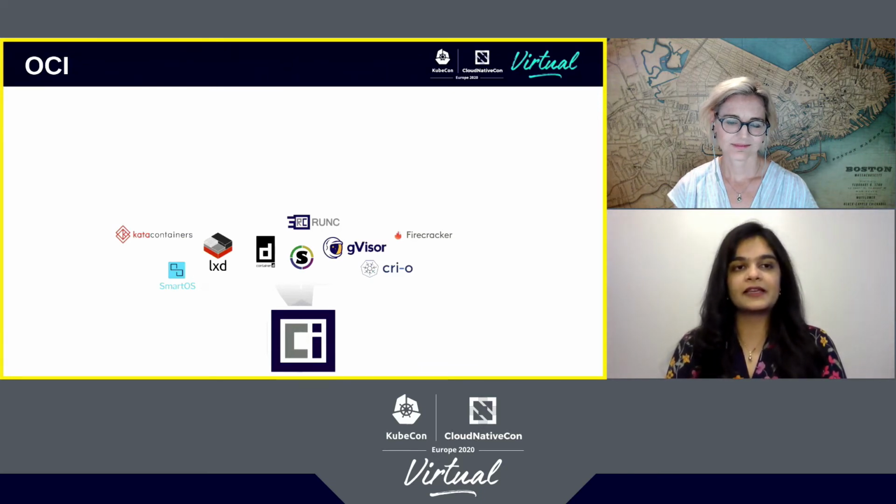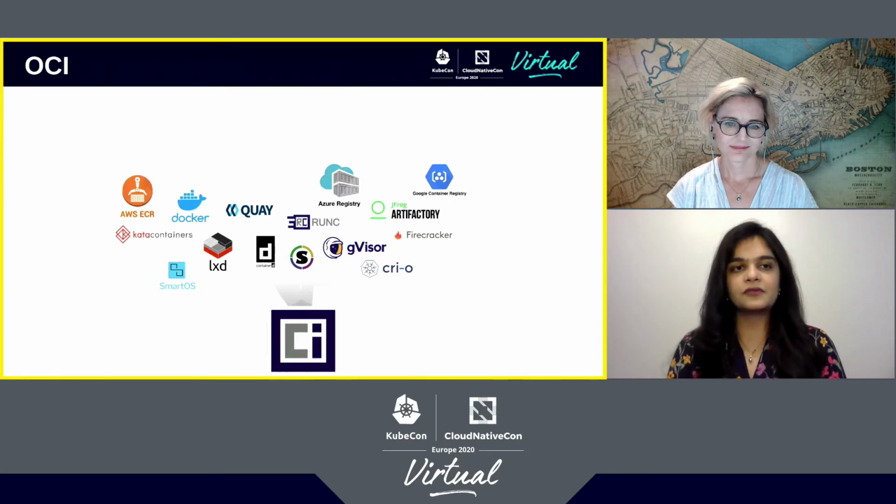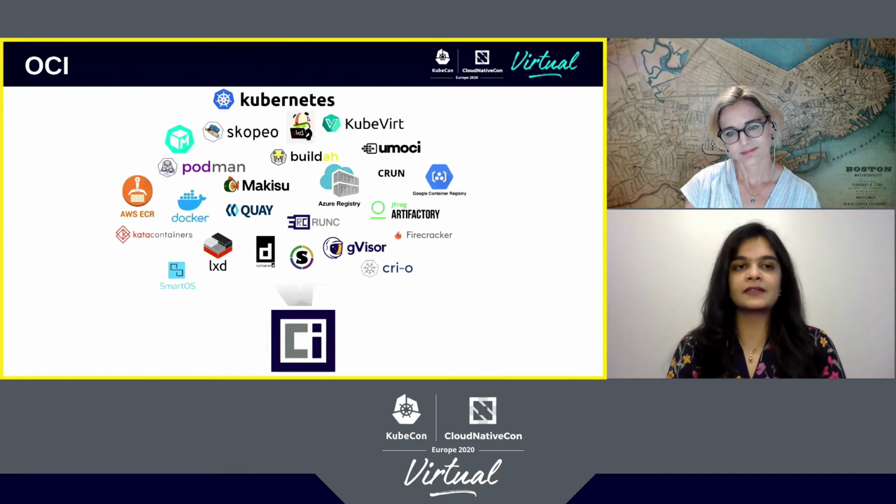OCI-compatible runtimes like Kata, gVisor, runc, and crun have evolved and are innovating on the speed and security of containerized workloads. Every image registry depends on the OCI specifications: Docker, Quay, Artifactory, Google, Amazon, and Azure. The OCI is continuously looking at ways to improve access to images to make pulling and pushing images faster, more secure, and less network intensive.